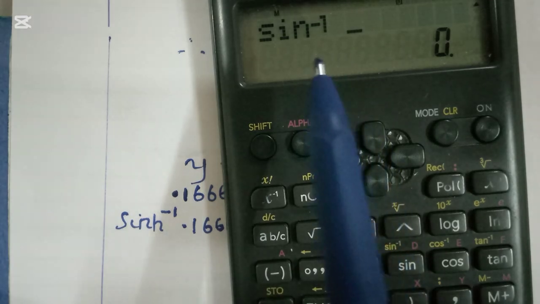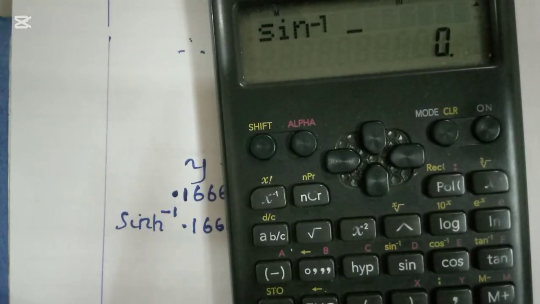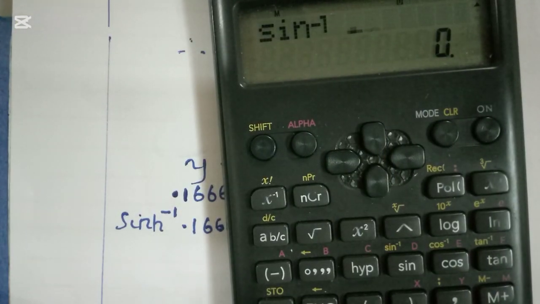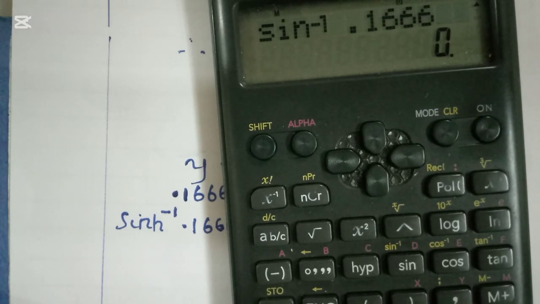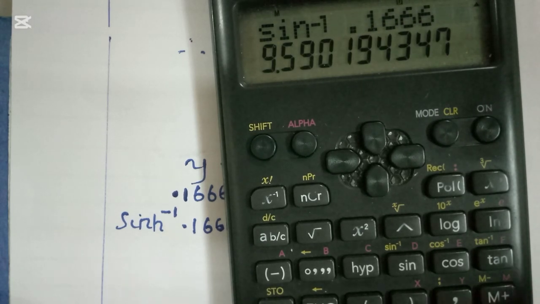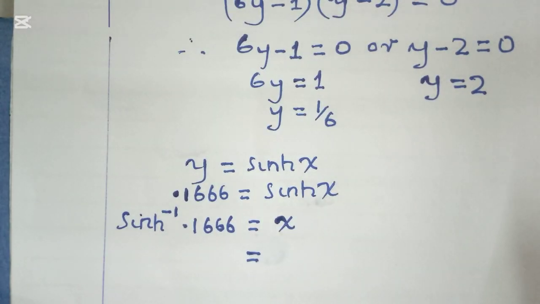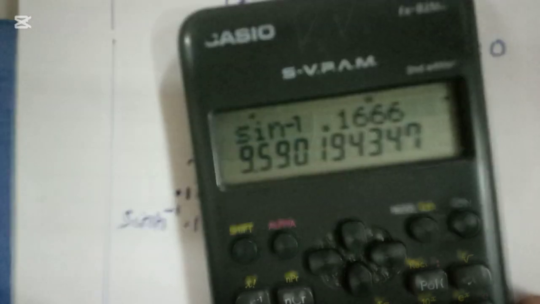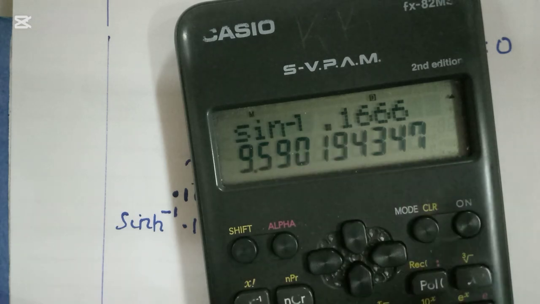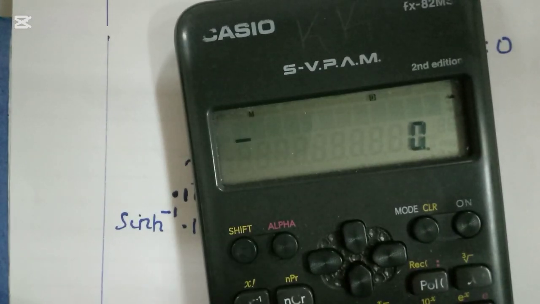It gives us sine inverse. Then you go to whatever value you want, 0.1666. This one gives us 99.59. Okay, guys, I have made a mistake because this is sine inverse. So let's go back again.